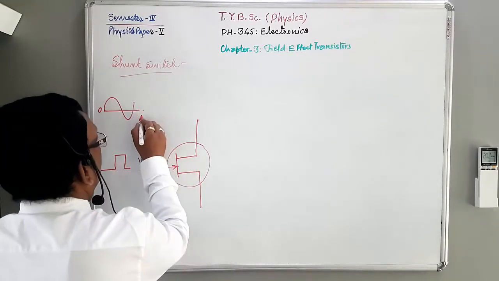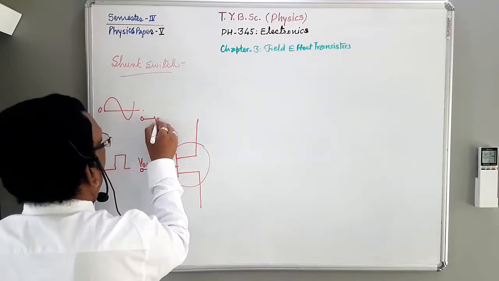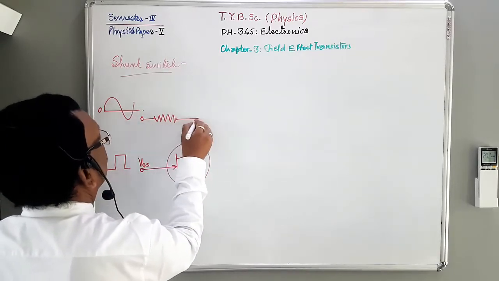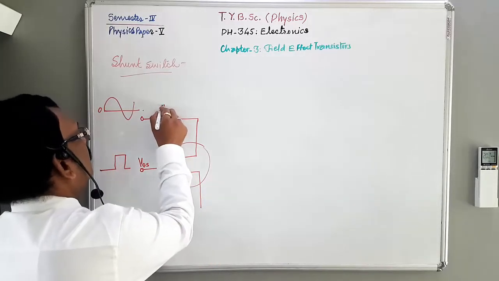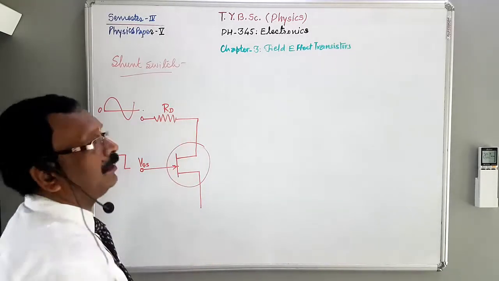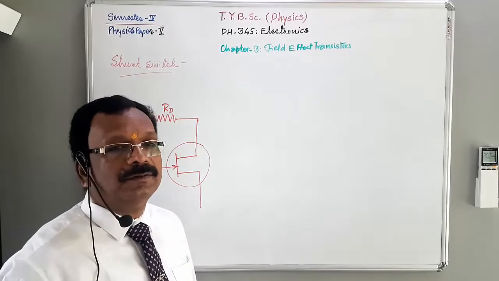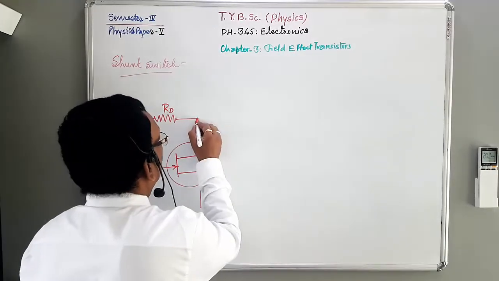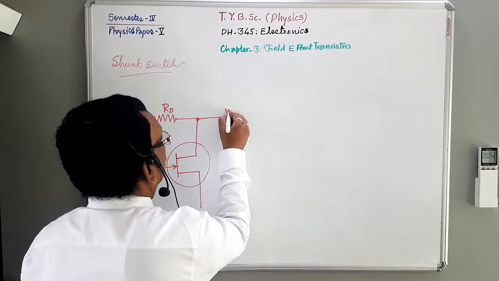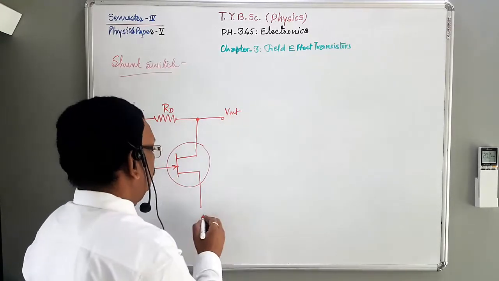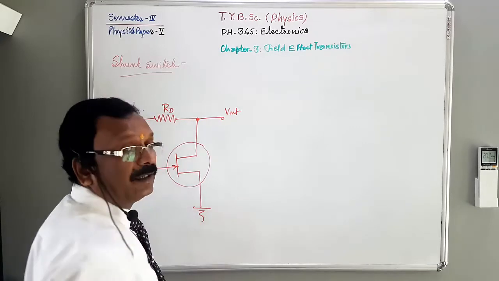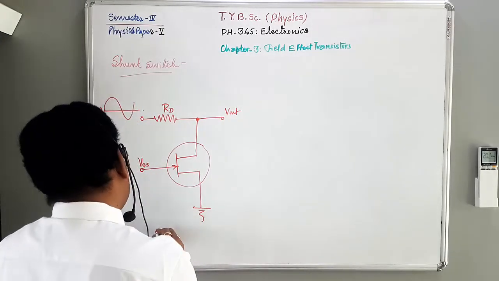So this is the input terminal, and there is a resistance at the input terminal, and this resistance is nothing but RD. And this is the output, V out, and this terminal is grounded. This is the shunt switch.